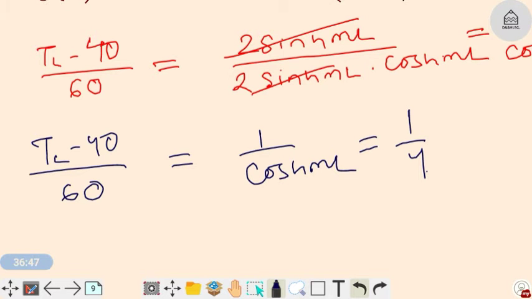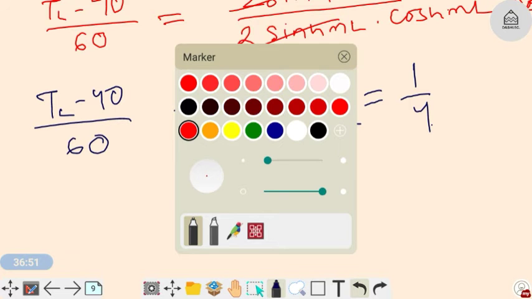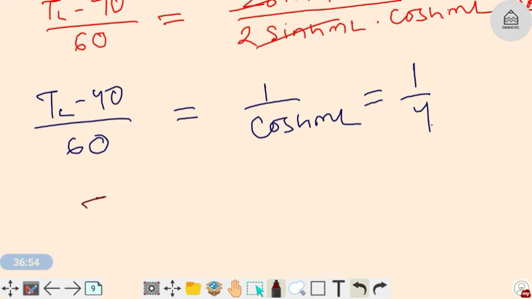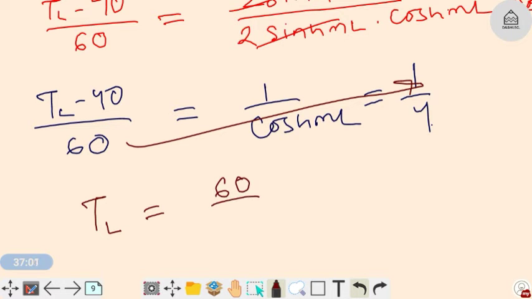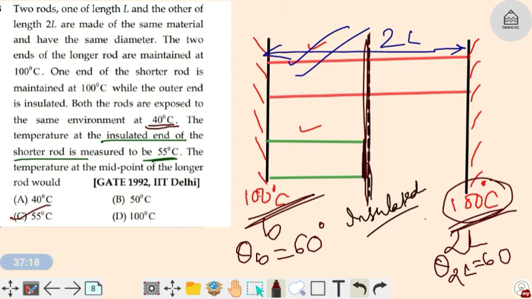From here I need to find out the temperature TL. TL is equal to 60 divided by 4, then 40 will be added, plus 40, so that is 55 degrees Celsius. Option C. So this is the answer.